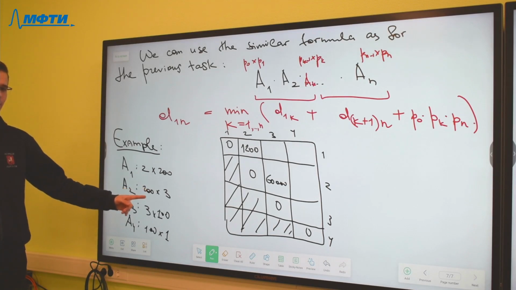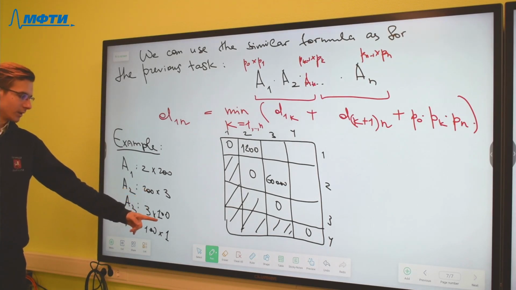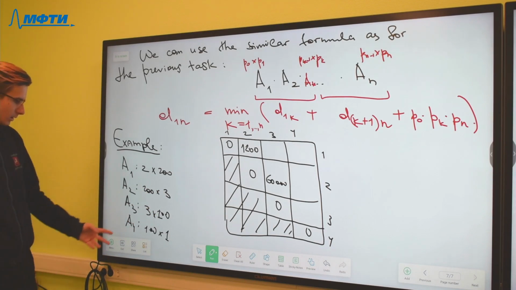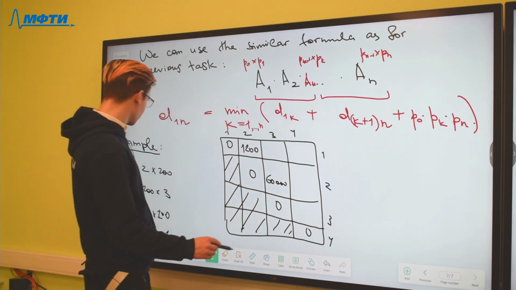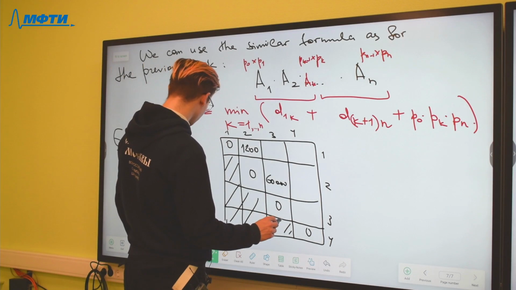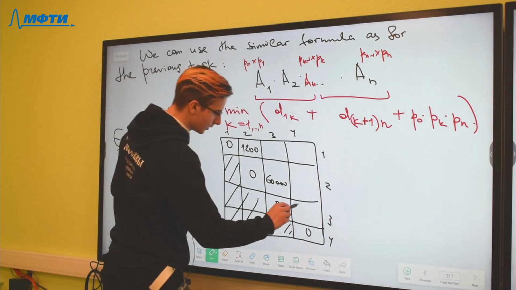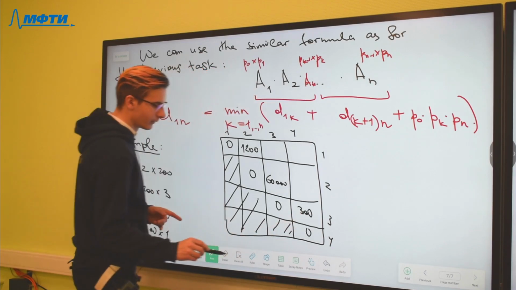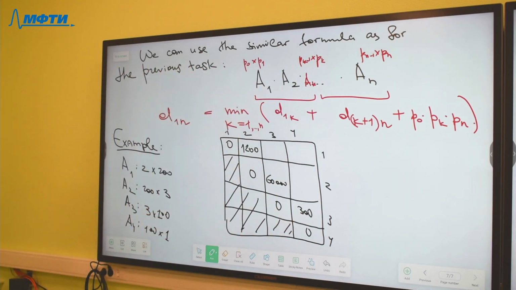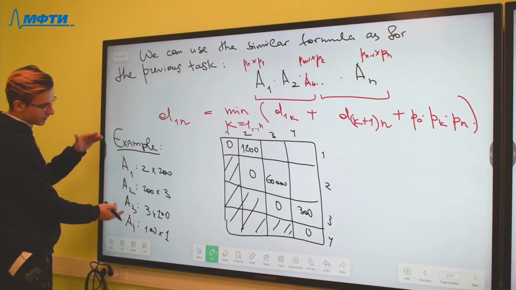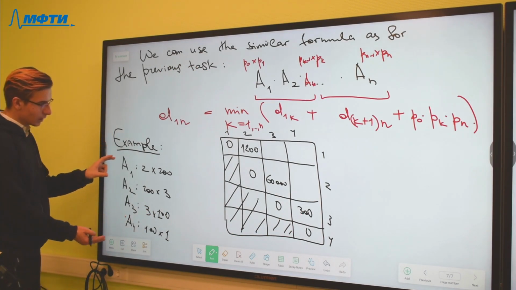Multiplication of 100, 100, and 3. And for this we got only 300.